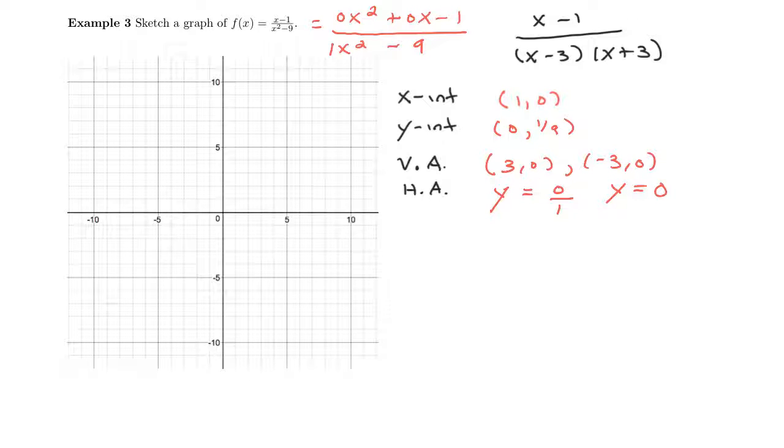So it turns out that y equals 0 is going to be the horizontal asymptote of this function. This will happen any time that the degree of the denominator is larger than the degree of the numerator. 0 will always be the place that the graph goes to on its ends. So we have 3 and negative 3 for the vertical asymptotes.